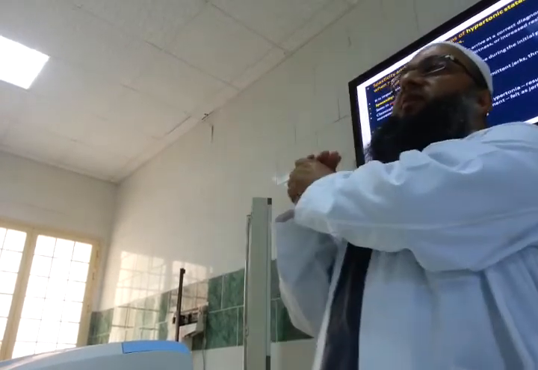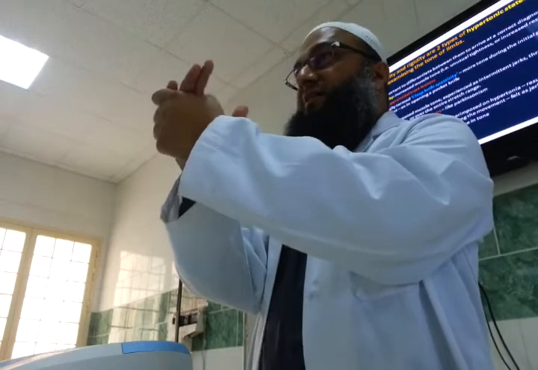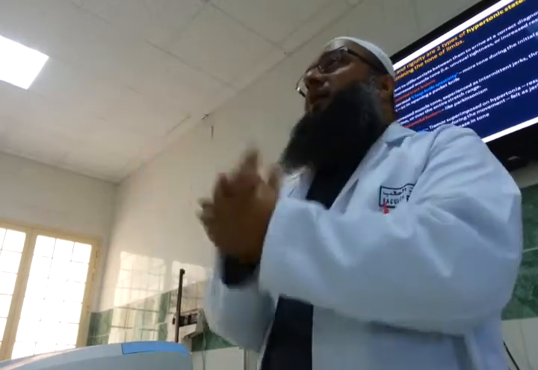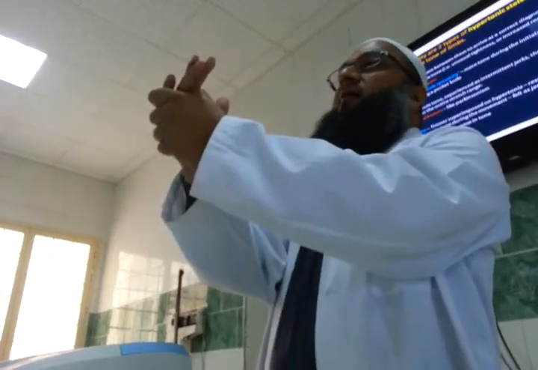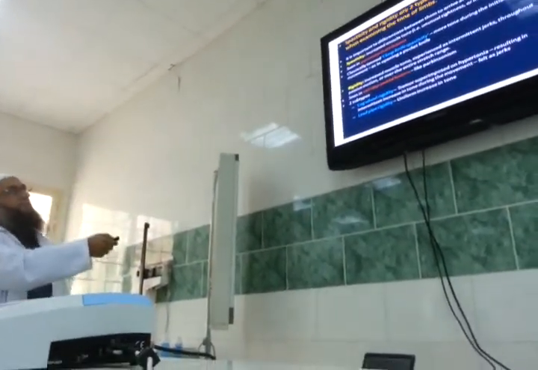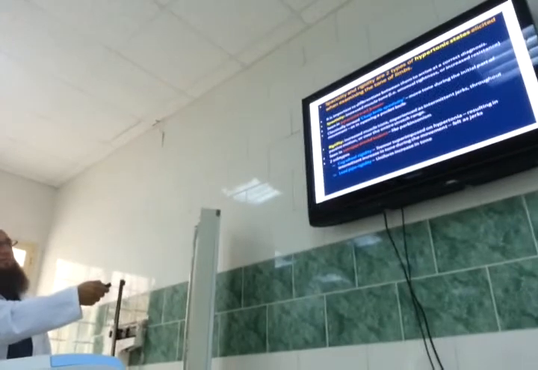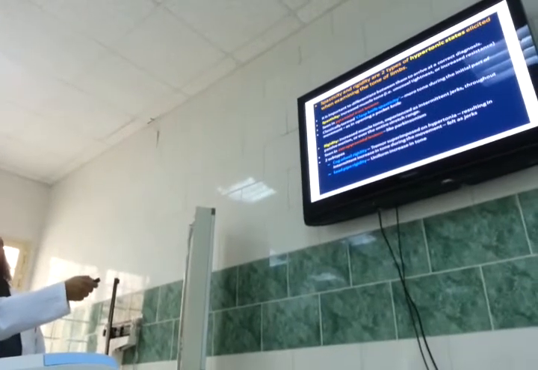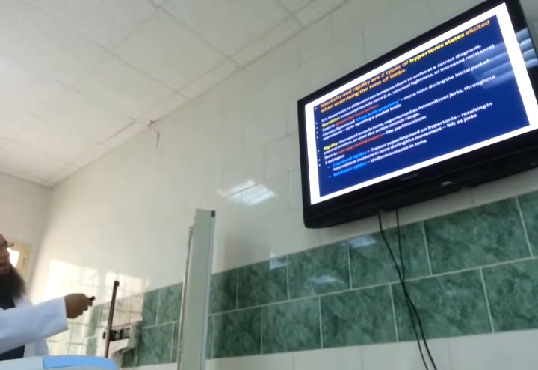But what happens? The initial part is more resistant, and after some time it reduces. So the initial part you feel more tone, more resistance. And when you go further in the examination, what happens? There is a sudden drop of the limb. Inshallah, I will show you. And this is seen in the pyramidal tract. Understand?